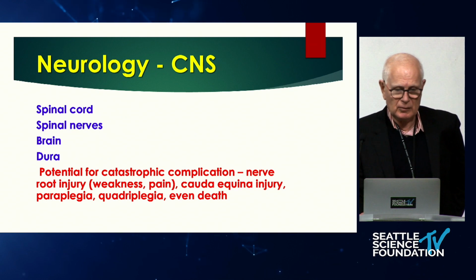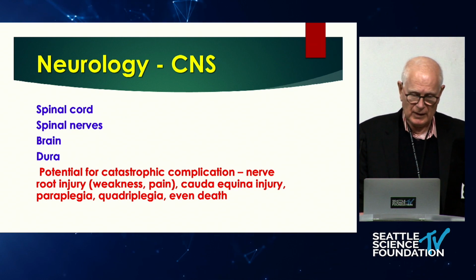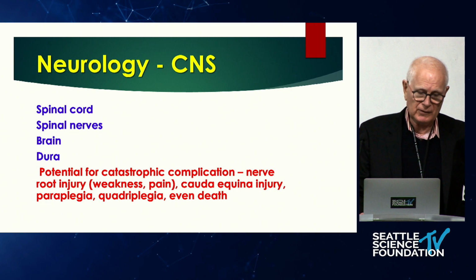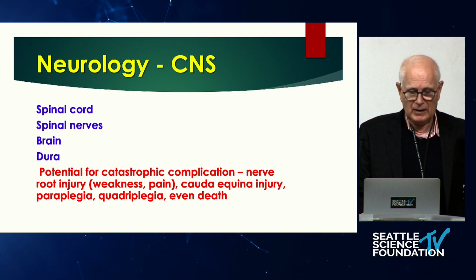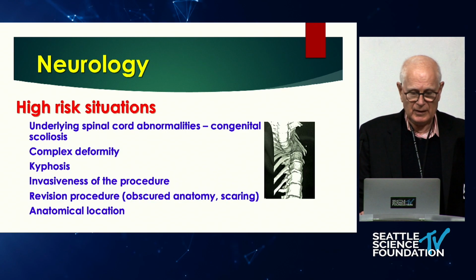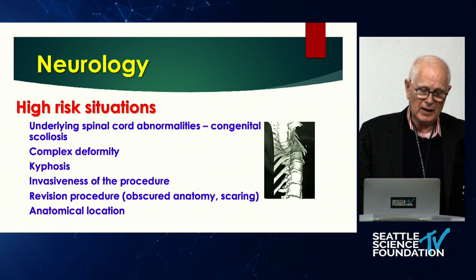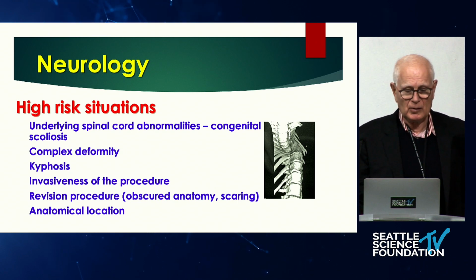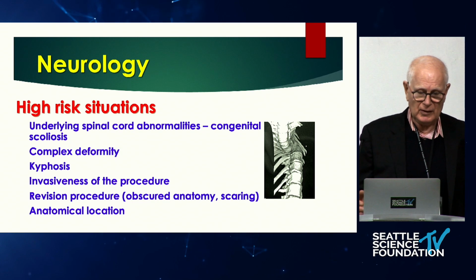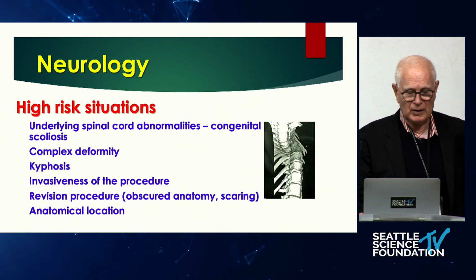So what about neurological complications, which affect the central nervous system? This can certainly be a devastating complication to the patient and the team. The high-risk situations for that type of problem are underlying spinal cord abnormalities, which we see not infrequently in congenital scoliosis.